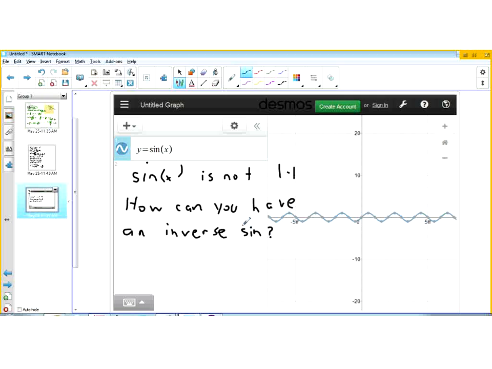Because to be able to get to an inverse of a function, an inverse exists only if the function is 1-to-1.